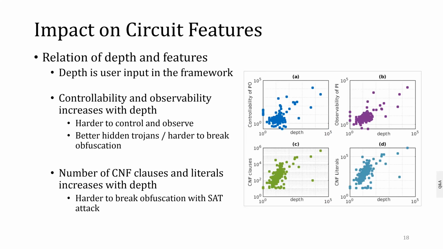Now let's look into another feature which relates to the controllability feature and the observability parameter. We have looked into all the circuits and found that the controllability and observability increase with depth, so do CNF clauses and CNF literals. Now, depth is a parameter that the synthetic generation tool takes as an input, and controllability and observability directly relate to the resiliency of a circuit against certain obfuscation attacks like key sensitization attack.